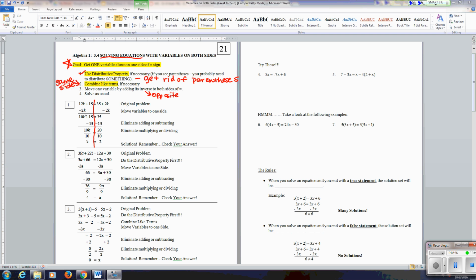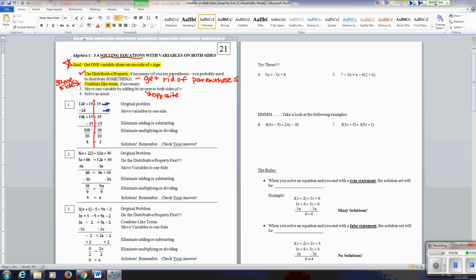So we're going to put these below the other k terms so that we have like terms together on one side. Positive 2k and negative 2k add to 0. They kind of go away. And then over here we have 12k minus 2k, which is 10k. We bring down the positive 15.